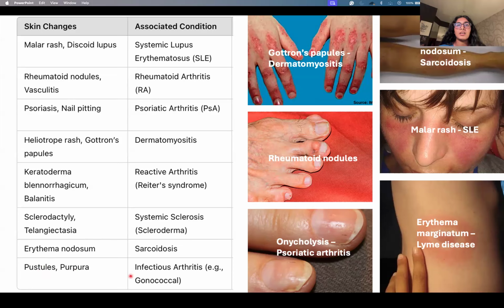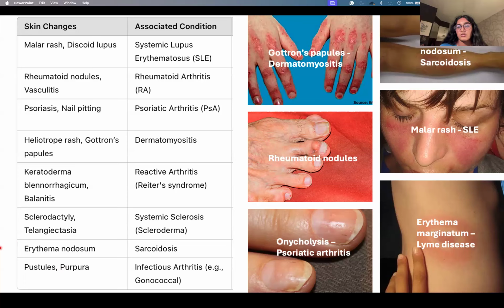And then for each infection that it could be, so some sort of septic arthritis, think about some of the skin changes you might see there. So for example, Neisseria, so some sort of gonococcal infection, you might see some pustules or like palpable purpura. But once you do IND, you might feel more familiar with these. But this is just something to look out for in SBAs.